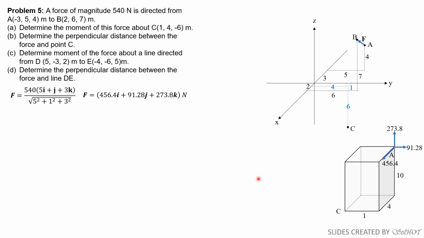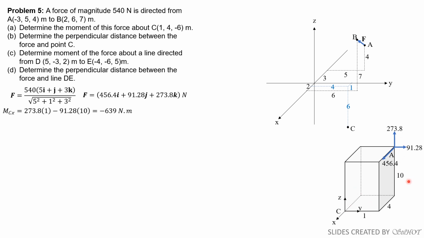By the right thumb rule, this is the positive sense of moment MCx. So MCx is 273.8 times 1 minus 91.28 times 10, so negative 69 Newton meter. For MCy, by the right thumb rule, position your right thumb, this is the positive sense of MCy.